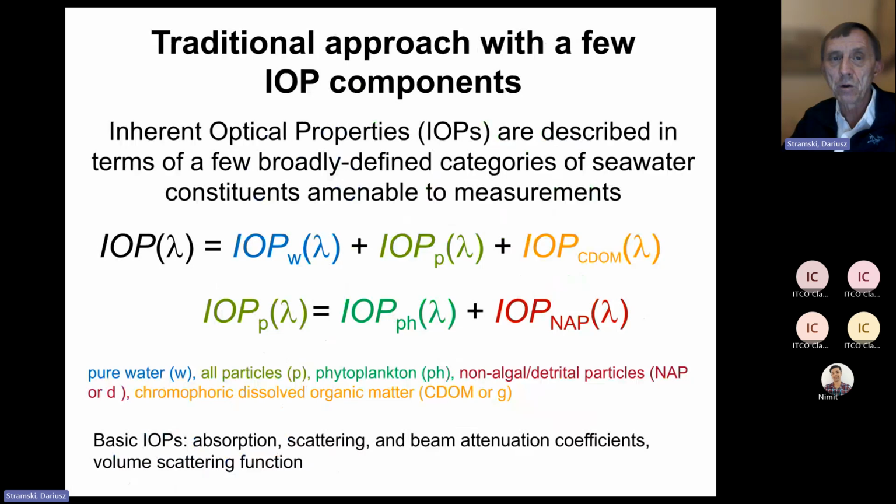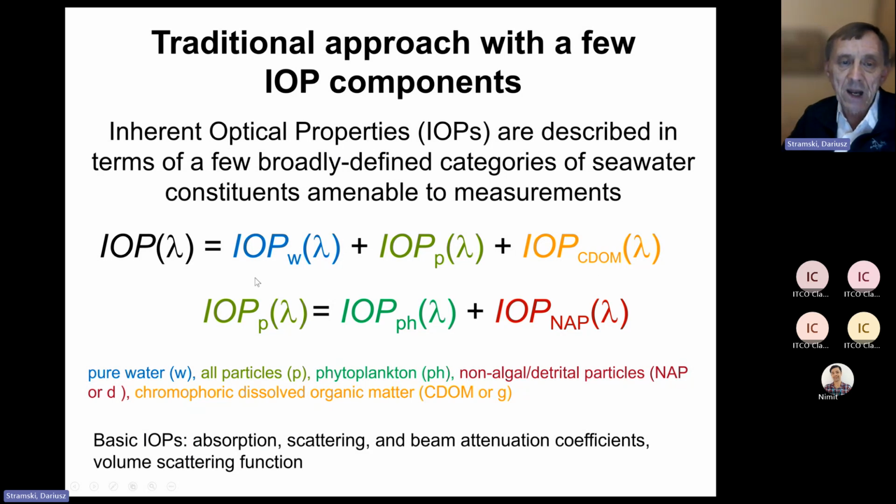Another traditional approach was to parameterize seawater in terms of just a few broadly defined constituents: molecular water, W; all particles together, even though they have dramatically different types and properties, as you have just seen in my previous slide; or all kinds of dissolved organic molecules also put together in a single component.